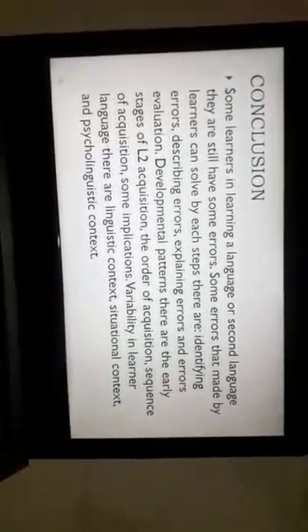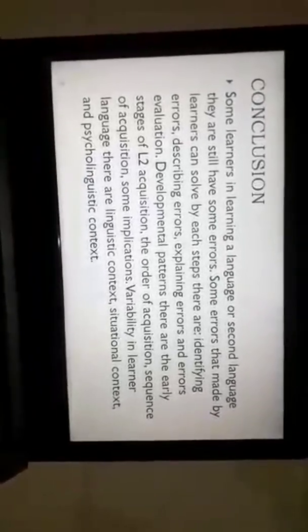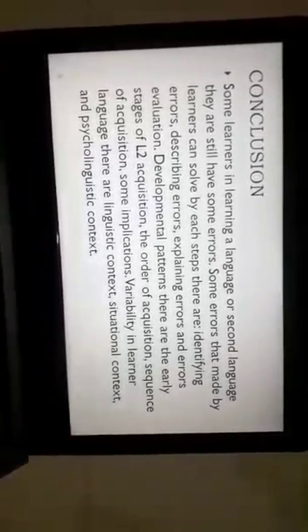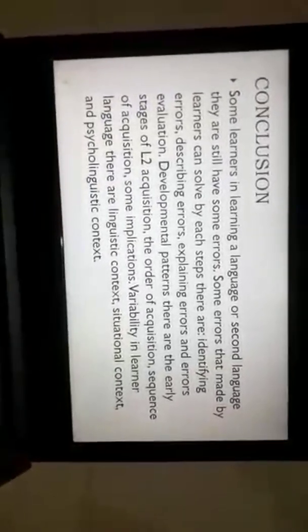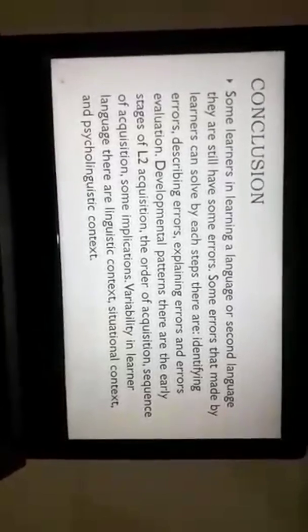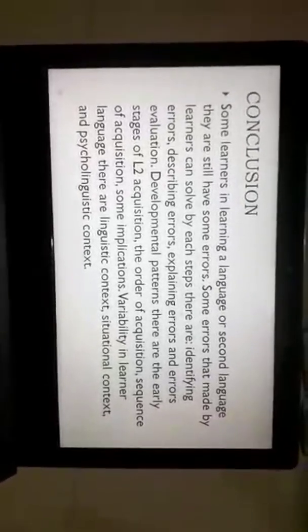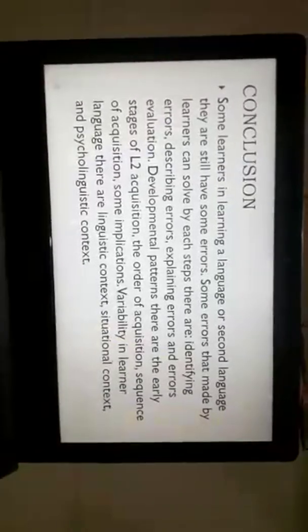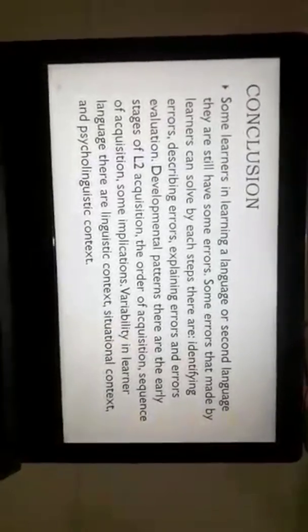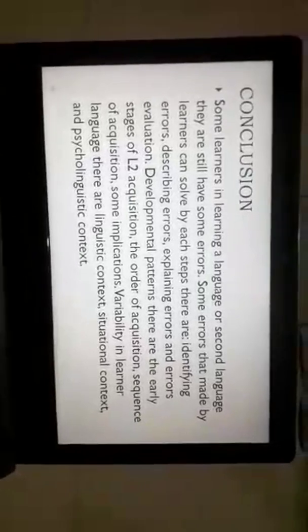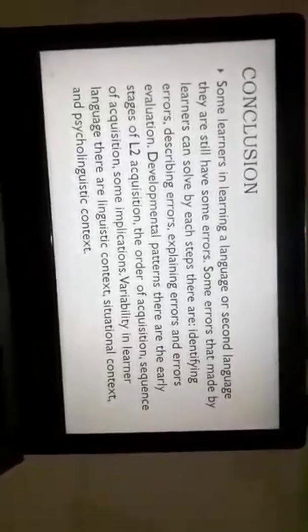Developmental patterns: there are the early stage of second language acquisition, the order of acquisition, sequence of acquisition, and some implications. Variability in learning language: there are linguistic context, situational context, and psycholinguistic context.